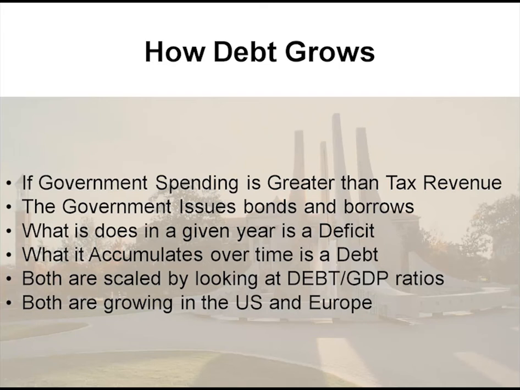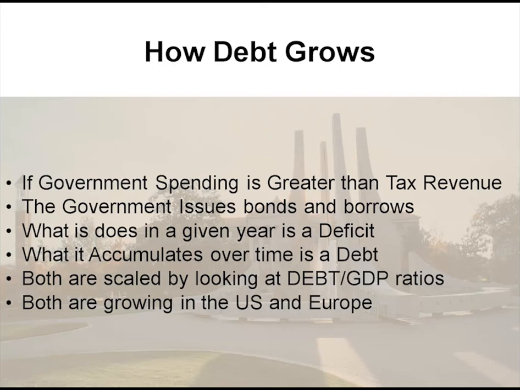And the national debt today is, we have a couple of different measures of it, but by one measure at least, it's at about 100% of gross domestic product. Because what we'd like to do with this is not just talk about the absolute numbers. A $1 trillion deficit and a $1 trillion addition to the debt is certainly scary, but we scale that by looking at gross domestic product.